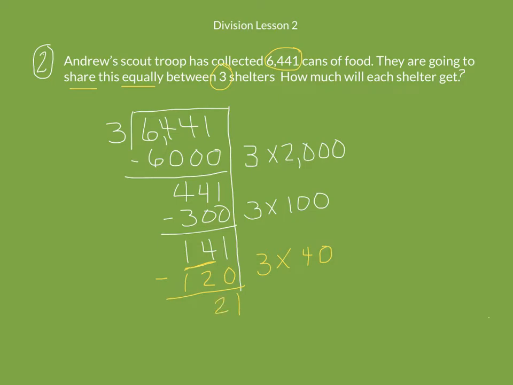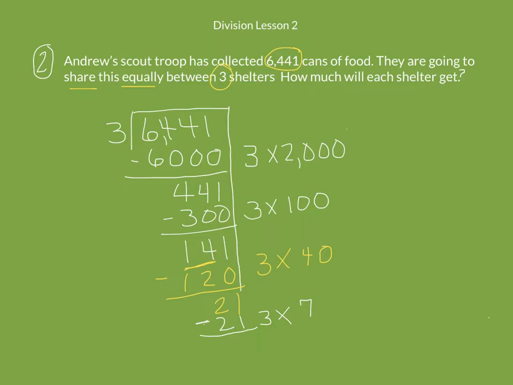There's 21 cans of food left to be split between the 3 shelters. That 21 is a multiple of 3. So 3 times 7 is 21. So we take those 21 cans, split them between the 3 shelters, 7 to each shelter, and we've now shared equally all the cans of food.